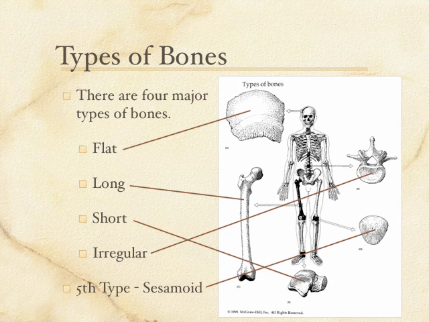What makes the sesamoid bone interesting is that it's found in the midst of connective tissues. So if I have a muscle connected to a bone, I might find a sesamoid bone in the middle of that connective tissue. The patella is a good example of that.